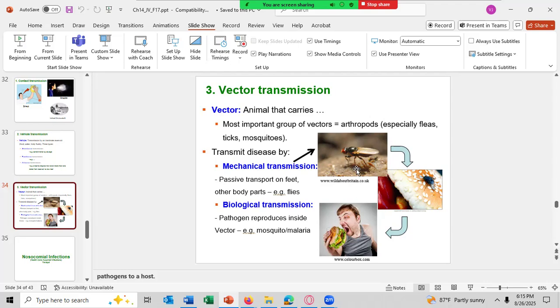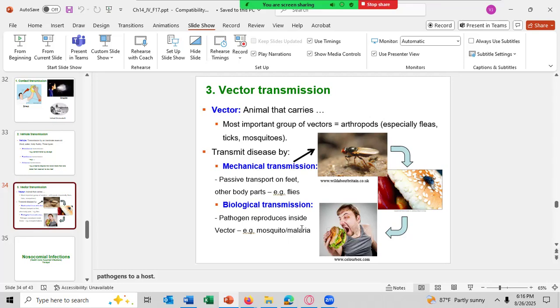It happens passively. There's also biological transmission, and this is where the pathogen reproduces inside the animal. So the pathogen is reproducing inside the vector as well as reproducing inside the human. Malaria is a very good example of biological transmission. Everybody knows that people become sick when malaria is reproducing in the patient, and that causes the disease malaria.